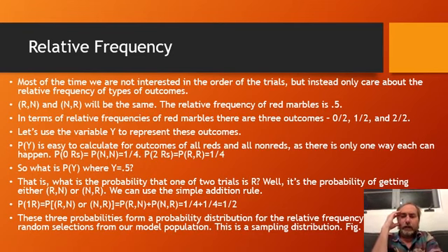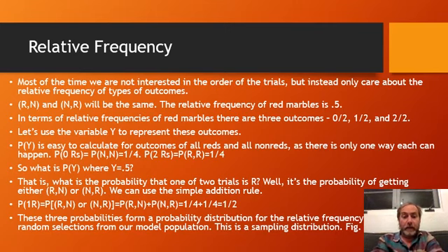So a slightly more complicated question is, what is the probability of y equals 0.5? Again, what is the probability of getting the relative frequency of Rs being 0.5? Which is to say, what's the probability of getting a red in one of the 2 trials, which is to say, getting either red and then non-red, or non-red and then red, right? Those are the 2 ways we can get a relative frequency of 0.5 reds.